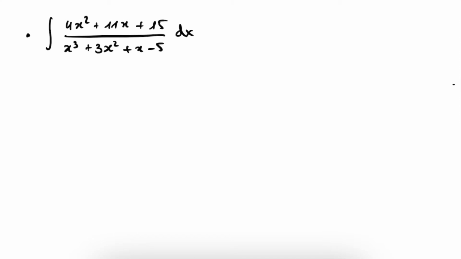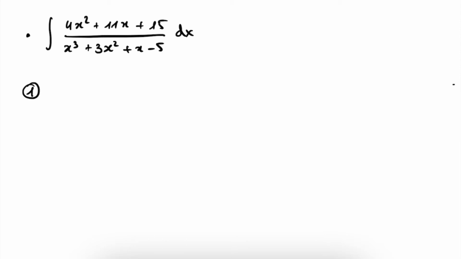However, if we just repeat the same steps as we did in the previous exercises, we can be sure to get the right result. Again, the first step is to check the degree of the polynomial in the numerator and the denominator. We see that we now have 2 for the highest power of x in the numerator and 3 for the highest power of x in the denominator. So we know that we don't have to use a long division at this point.